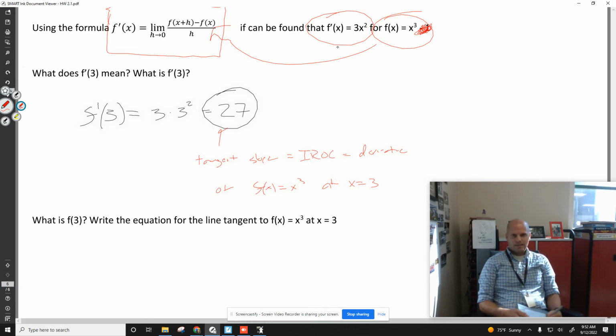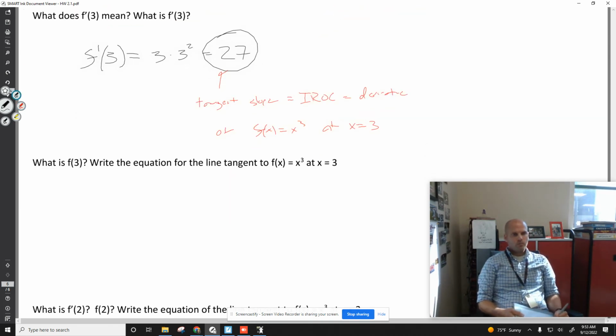It's gotten from a different equation. That different equation, its y values tell me the tangent slopes to the original equation. What is f of 3? Well, if I plug in 3 into this, I get 27. I don't like how we get the same values, but whatever.